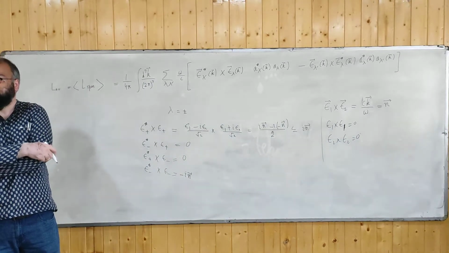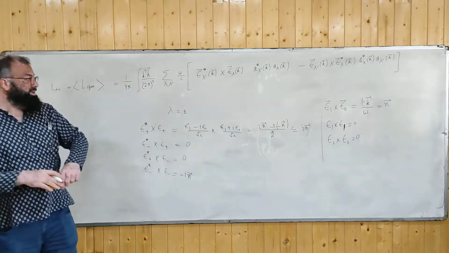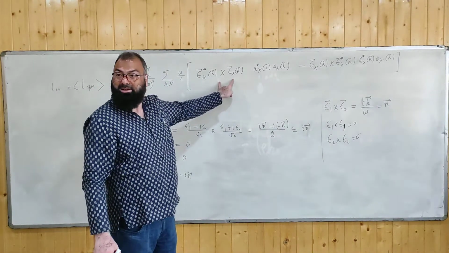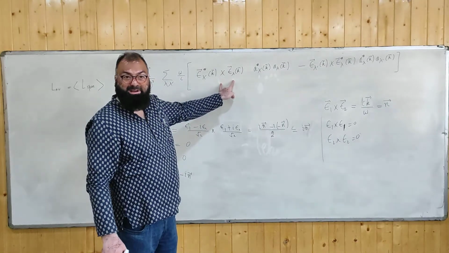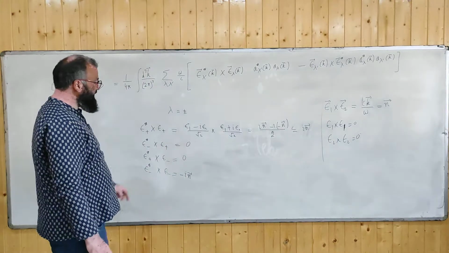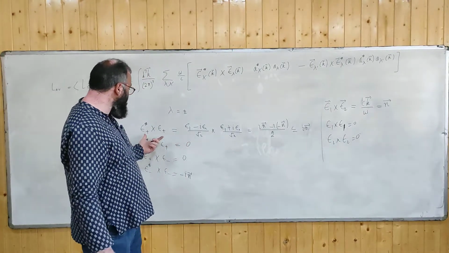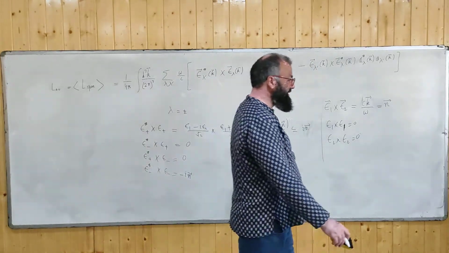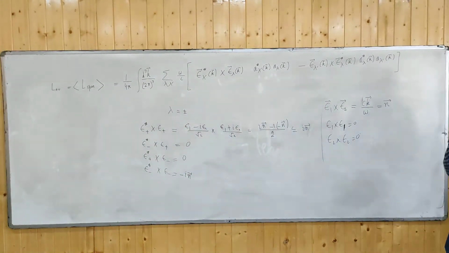What will I get? I will be getting the terms when lambda and lambda prime are both plus, or lambda and lambda prime are both minus, in this very sum. So let's substitute these things, and we can use epsilon plus star multiplied by epsilon plus as i. Let's use those things. So what will we get?